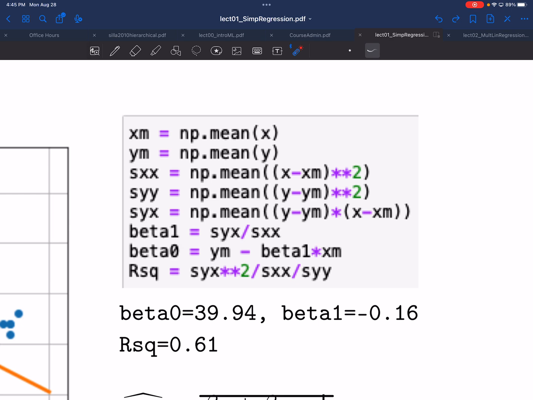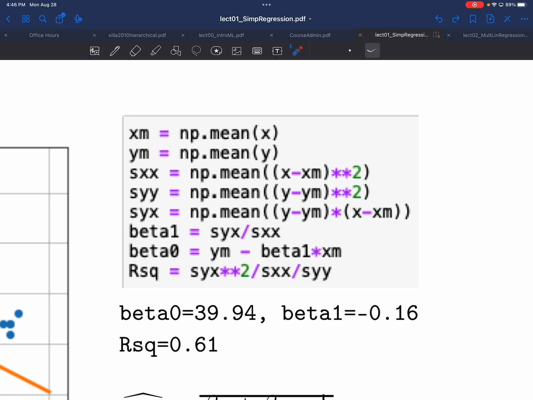NumPy is smart enough that if you take this vector and subtract a scalar, it does what you would expect: it subtracts that scalar from every entry, and you get a new vector. Now if you take the square of that vector, that's something you wouldn't want to write on a homework or an exam; I would take off points.